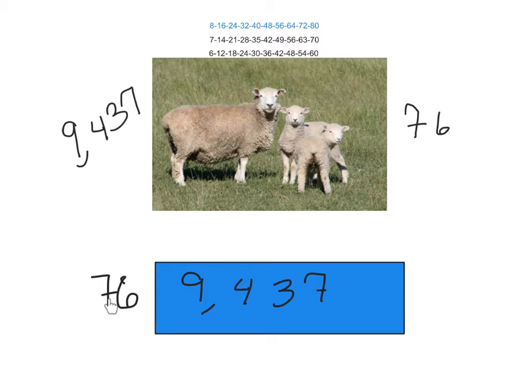So now I'm trying to figure out how many times 76 will go into 9,437, right? And I can see right away that 76 will indeed go into 94, right? So I'm going to get a place value holder for the tens column and the ones column.